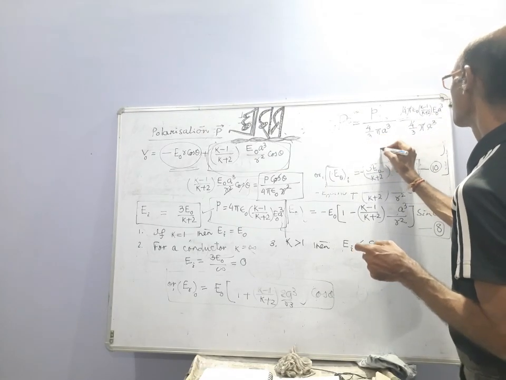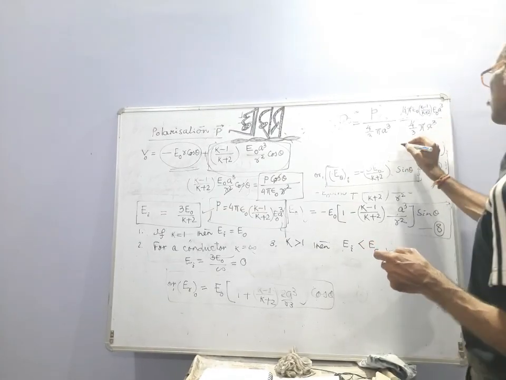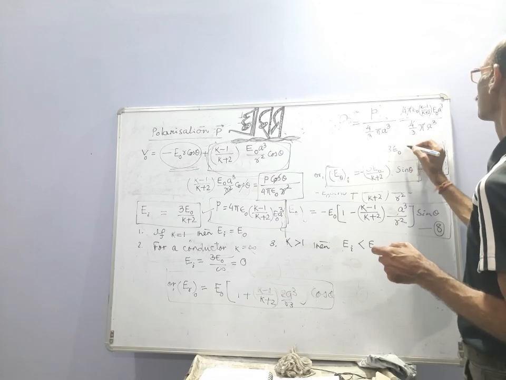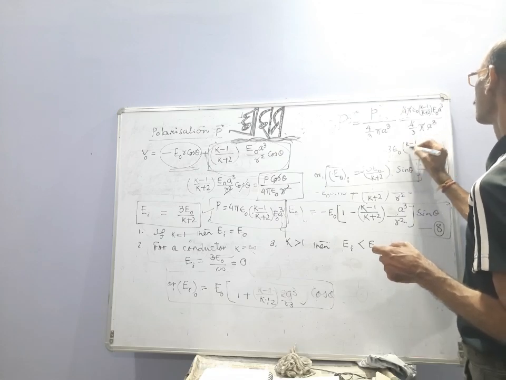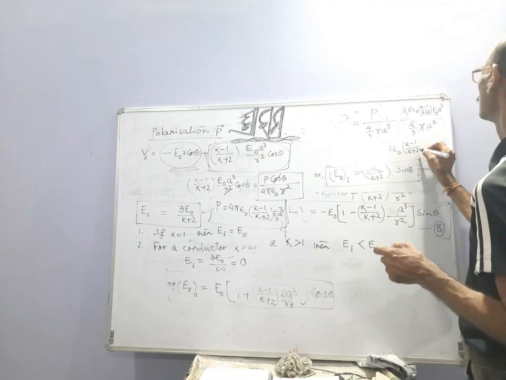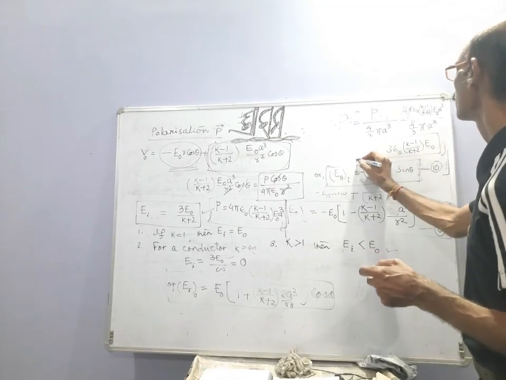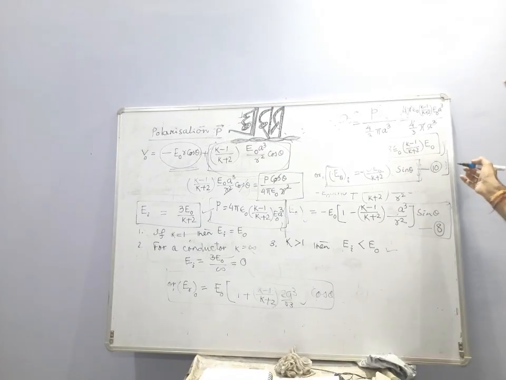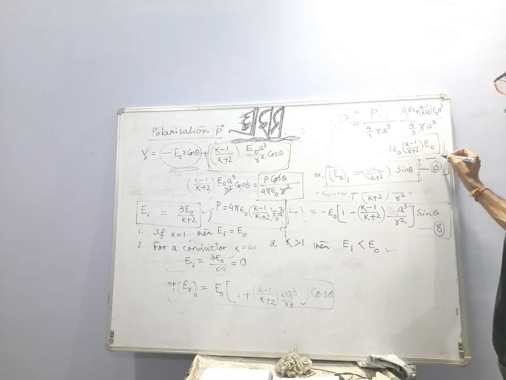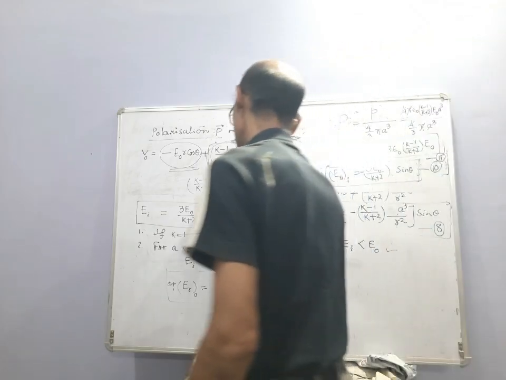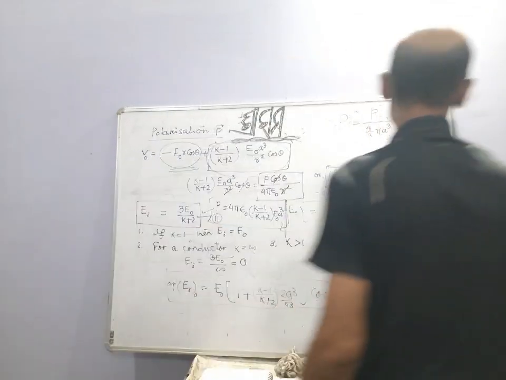So polarization is equal to, we obtain, this 3 will go up: 3 epsilon naught (k minus 1) by (k plus 2) into E0. So this is the expression for polarization. This is equation number perhaps 10 or 11. This is 11. Let us make it 12.